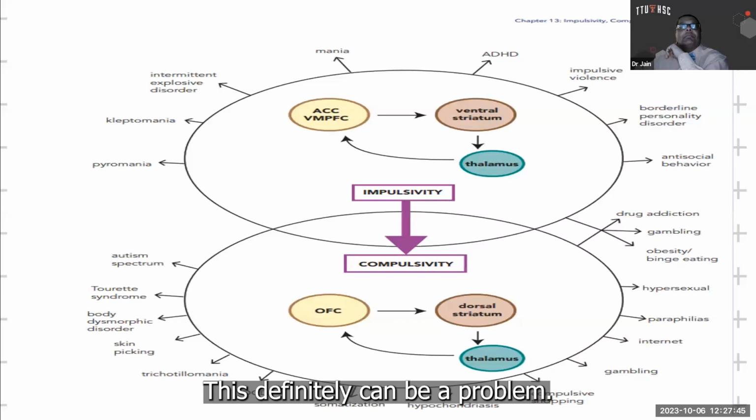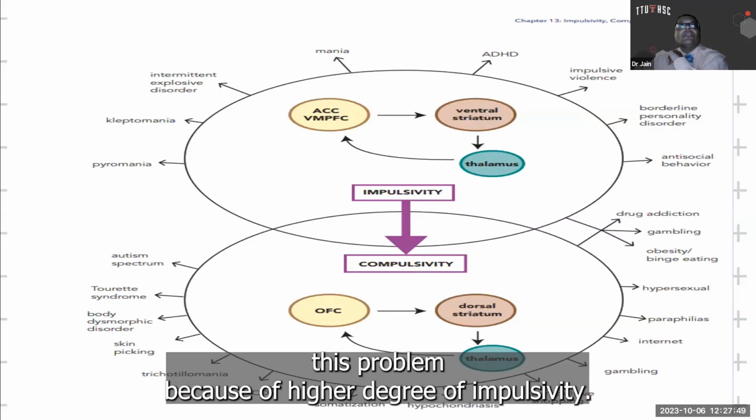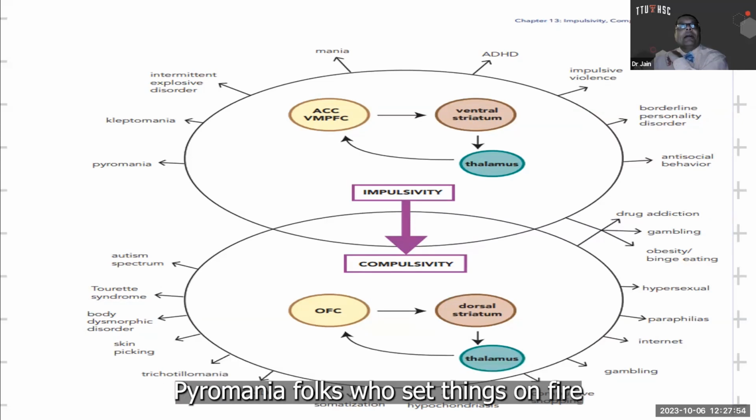This definitely can be a problem. But look at all the other areas that cause problems because of a higher degree of impulsivity. Pyromania, folks who set things on fire just to get pleasure out of it. Kleptomania, stealing things.